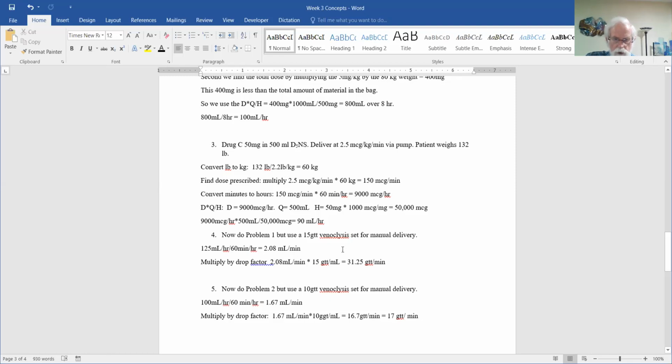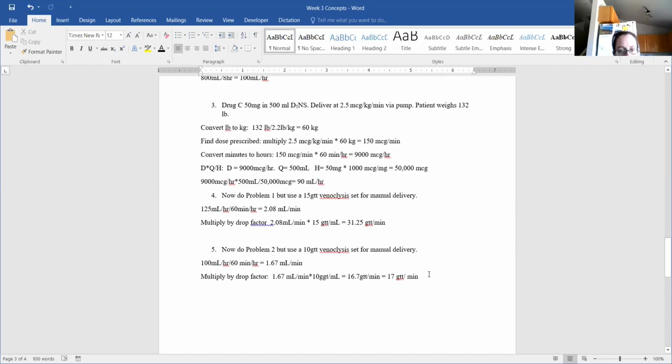If we are using a 15 drop per milliliter set, we multiply that by 15 drops per milliliter, and we get 31.25 drops per minute, rounded to 31. Okay. There are people who will say you always round up no matter what. Please don't do that. I would keep it at 31.